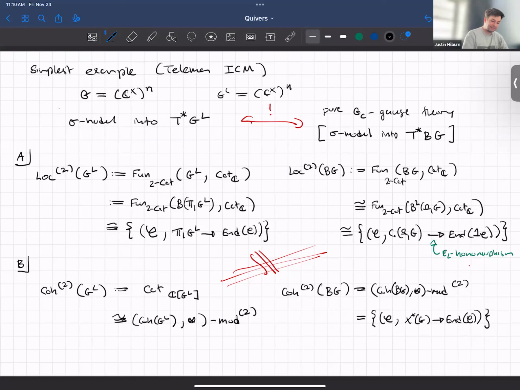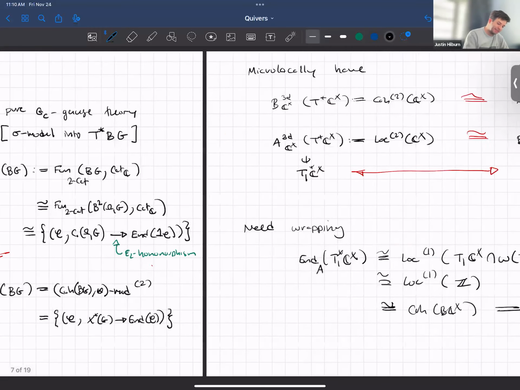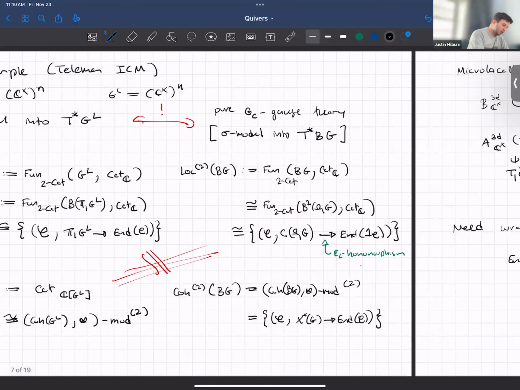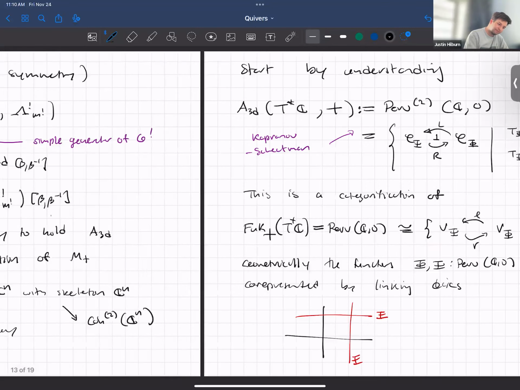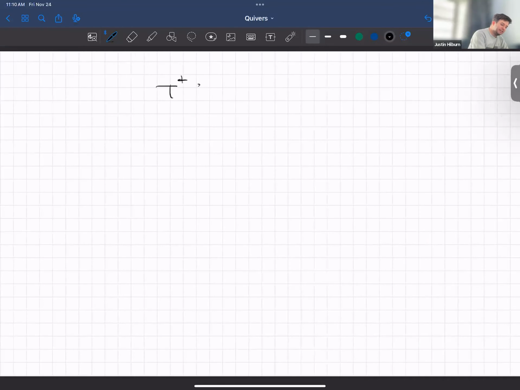And I guess what I wanted to say is that they match. I guess this isn't seeming very productive, but the point of all of this stuff is that if you want to make Teleman's thing work out, the thing that you learn is if you study T star C star and you study the A model, is that you want it to be generated by this cotangent fiber, and you want its endomorphisms to be computed by wrapping.